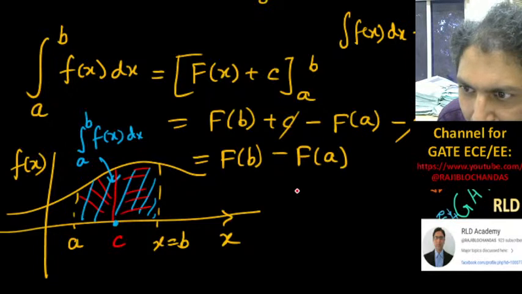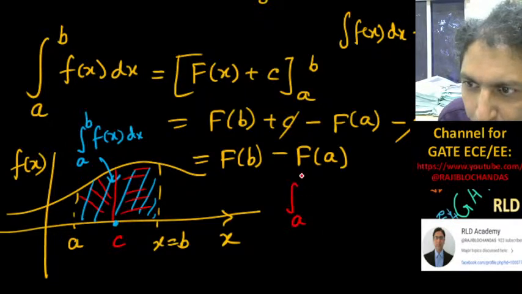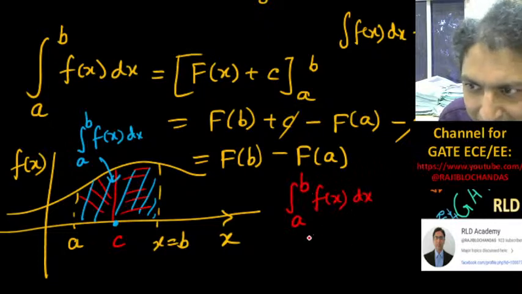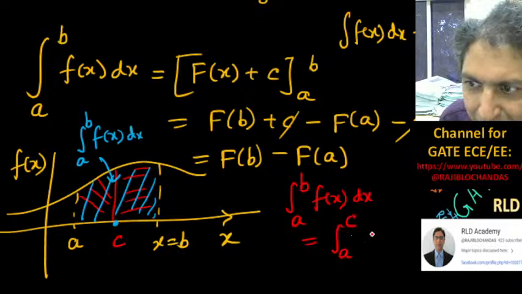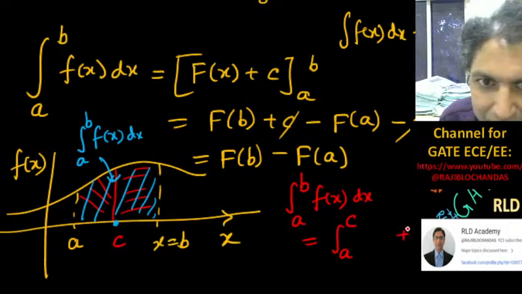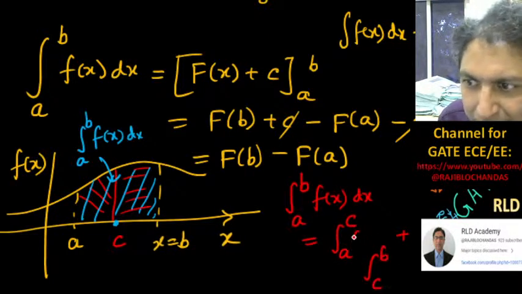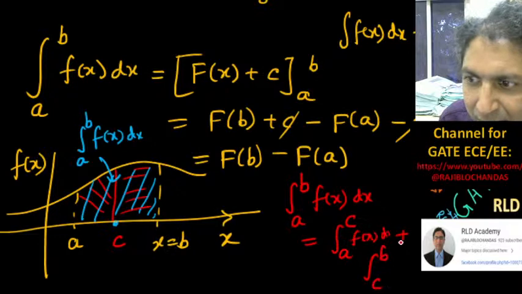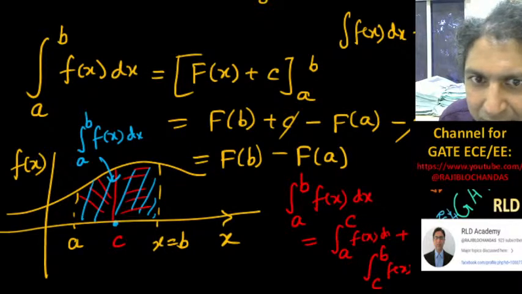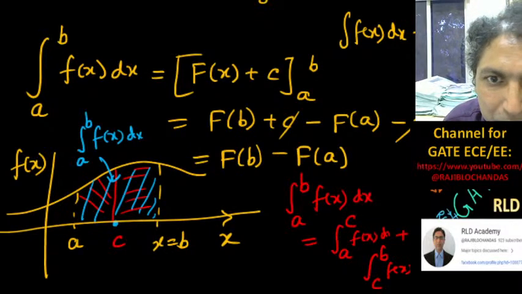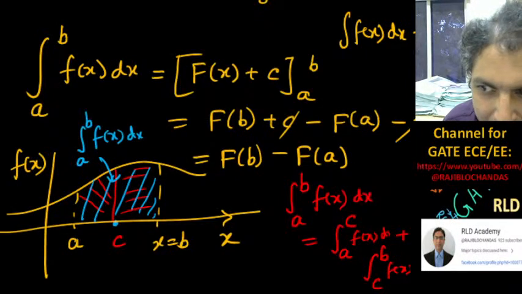So we can write integration a to b f of x dx the same as first considering a to c, then c to b. This is f of x dx, this is again f of x dx. I think it is clear.